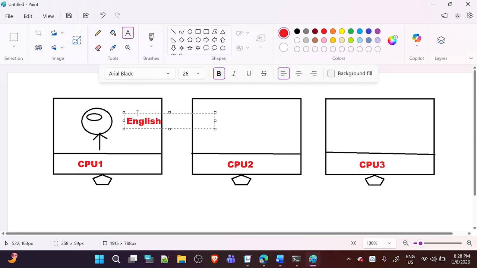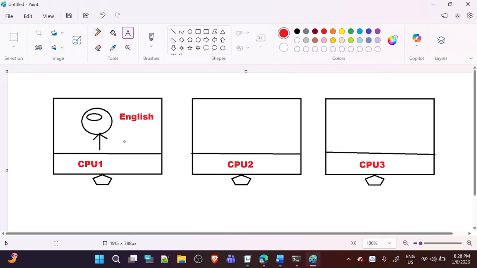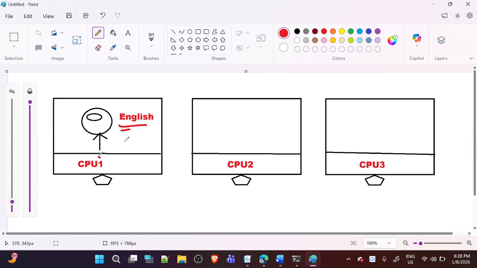So this person will understand only English instructions. Similarly, this CPU will understand its own machine instructions, and this another CPU will understand its own instructions, and this CPU will understand its own instructions.